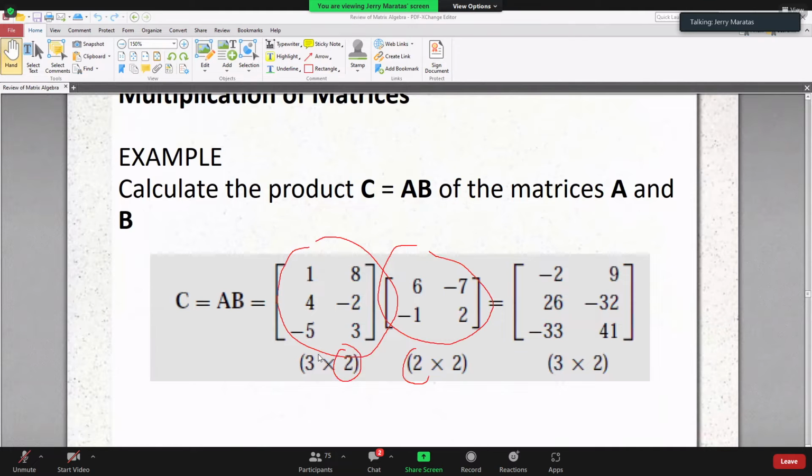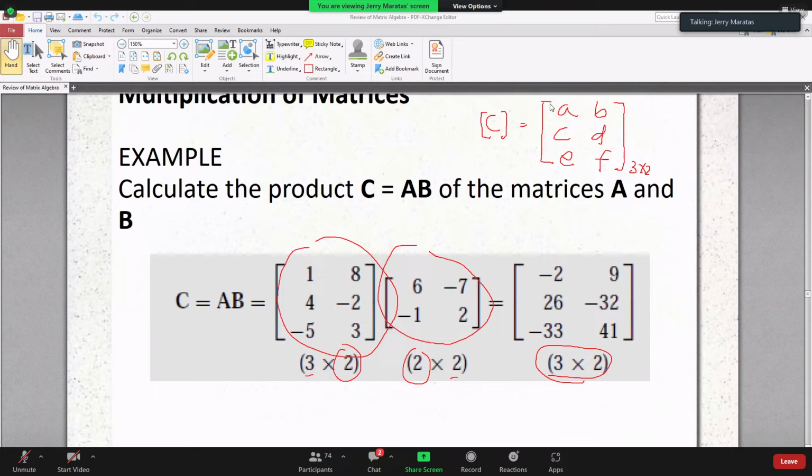What should be the size of the resulting matrix? It's 3 by 2. So assuming our matrix C has elements A, B, C, D, E, F, and its size is 3 by 2.